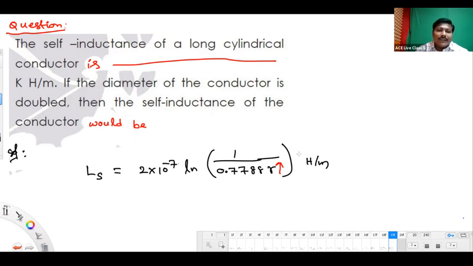Because of that, the natural logarithm value will decrease and self-inductance will decrease. So L S reduces. How much the decrement is, we can't say exactly. For that you have to extend a little bit more; the 1 by 2 term will come and there was an increment. So you should take care of that.